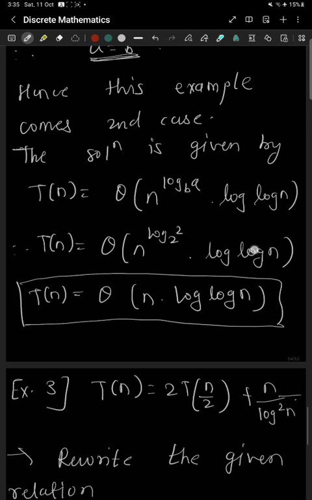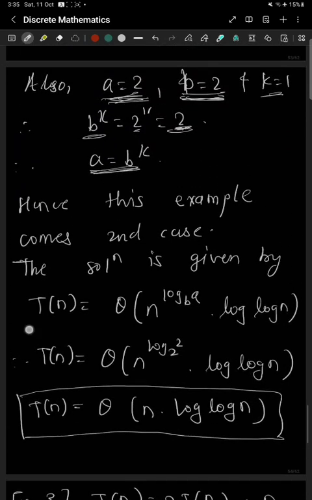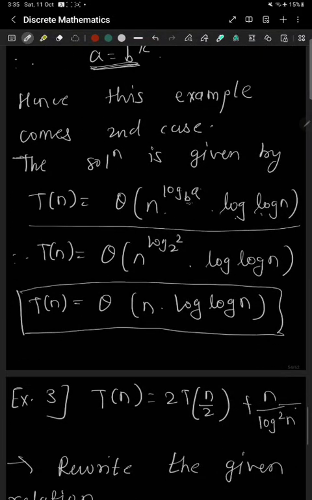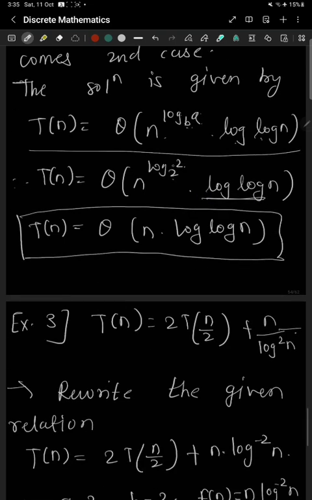Now the solution is given by n to the log of a at base b into log log of n. Just put the values of a and b, it is 2 2, and all the rest remains the same. So as we know that the logarithm cancels out, then only n remains and log log of n. So this is our solution.